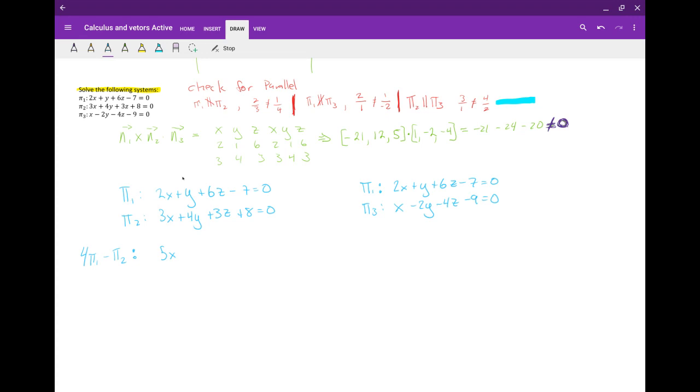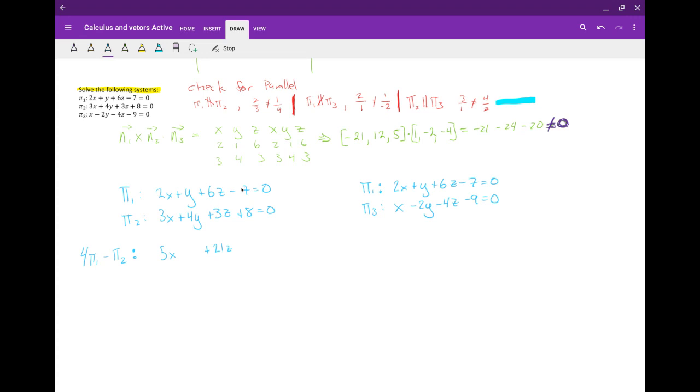Now I'm taking 4 times 6, which is 24, and then I'm subtracting 3, which is 21z. So I'm getting a plus 21z. Now I'm taking 4 times 7, which is 28. Is that right? 4 times 7, yes, 28, and then I'm subtracting 8, right? So it's a negative 28 actually, and then I'm subtracting 8.